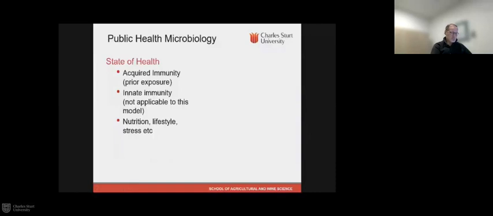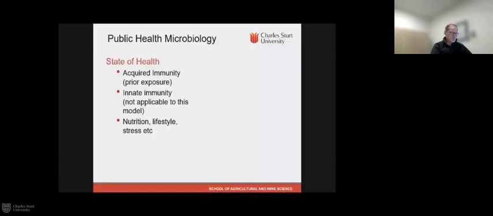Now, state of health. Something we didn't talk about was, we mentioned elderly, we mentioned young, we mentioned sick. There's also prior exposure. Looking at it from the other way, if you've acquired some immunity, you're going to have a better defence mechanism. We all know that when we get an immunisation, that is in a sense what we're doing.